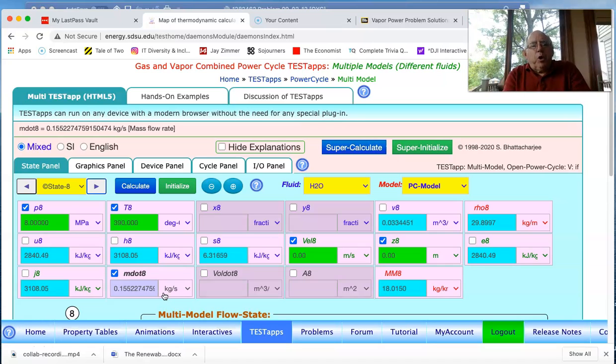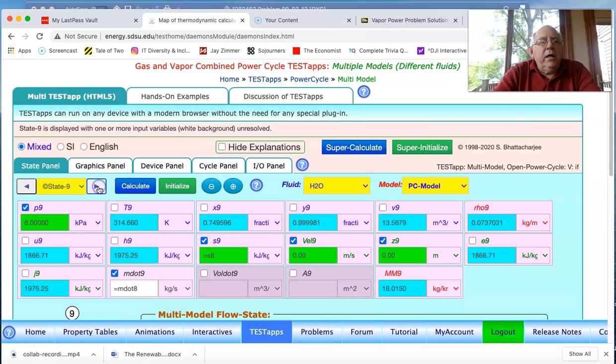The purple number there just means that when I brought in and loaded all the states and all of the device panels, it performed the calculations and came back and said that the mass flow rate must be 0.155 kilogram per second.